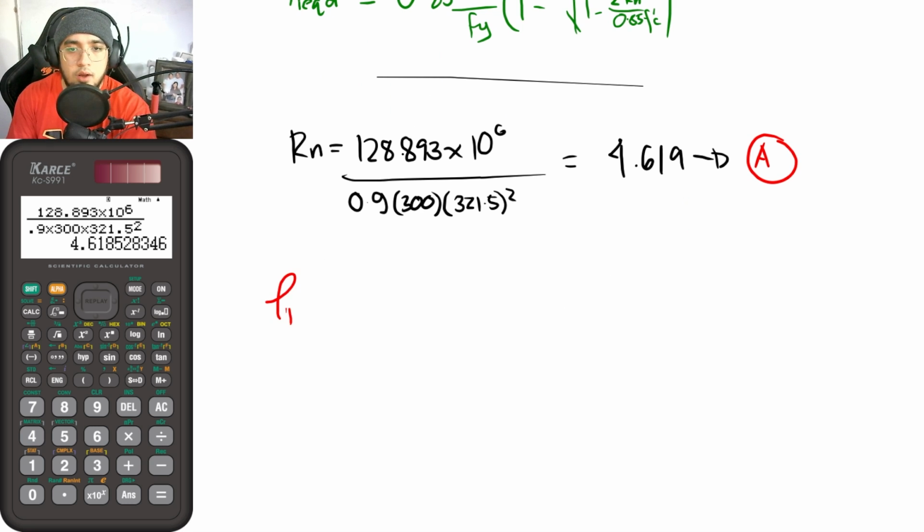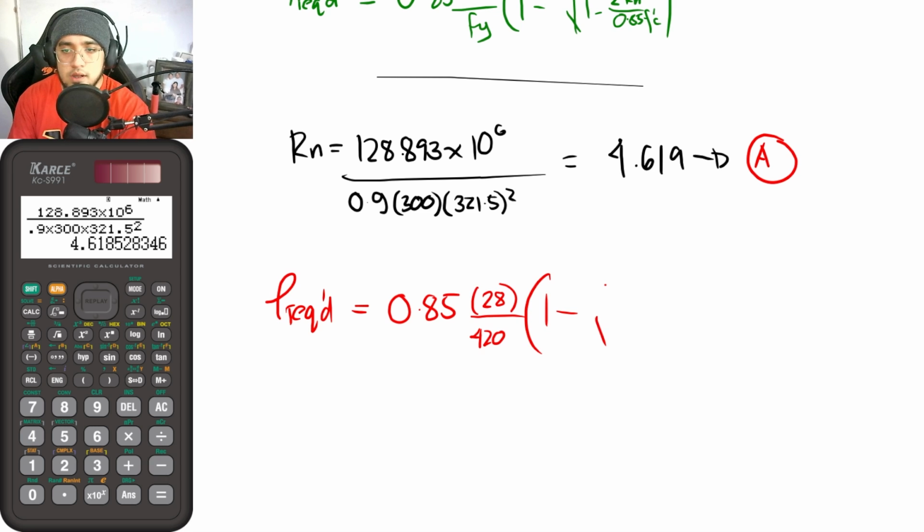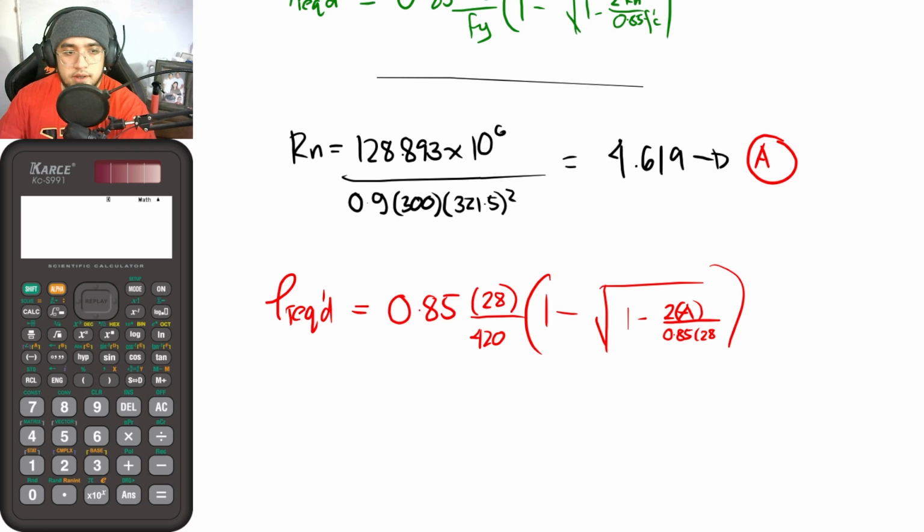Okay, so from that, for my rho required, this is equal to 0.85 times f'c, and our f'c is 28, divided by fy of 420, times 1 minus the square root of 1 minus twice Rn, so I will just type A here, divided by 0.85 times 28.